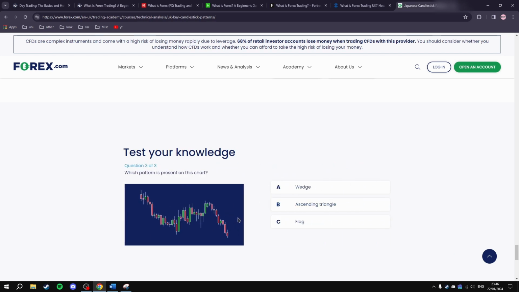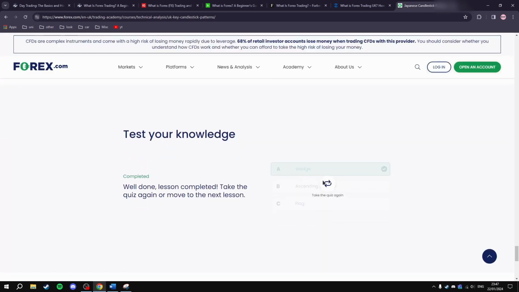Which pattern is present on this chart? A wedge, ascending triangle. That is not a triangle. A wedge. I think it's a flag, isn't it? No, it's a wedge.